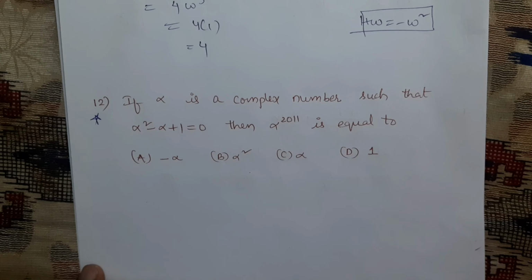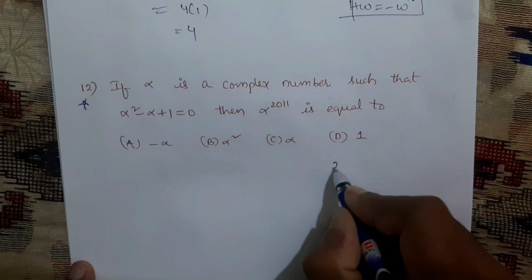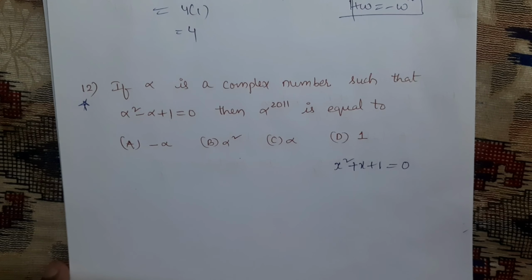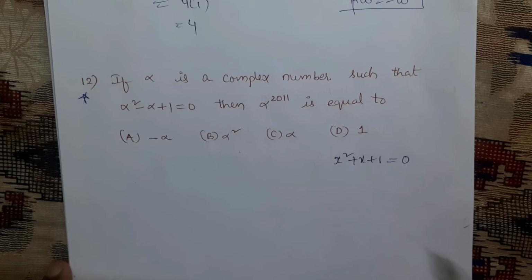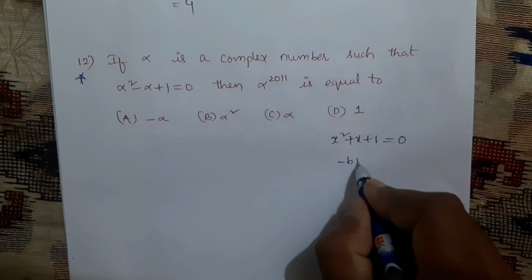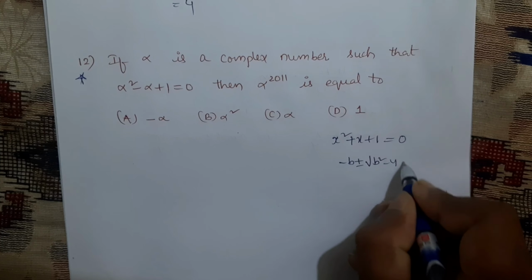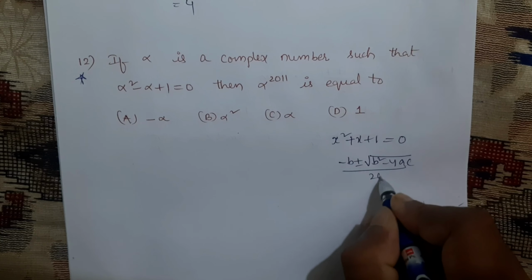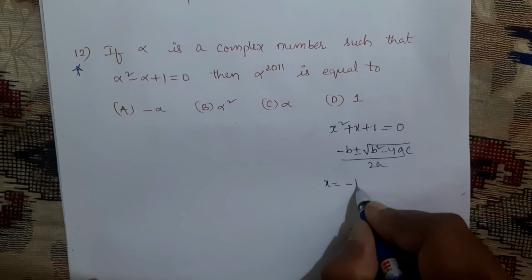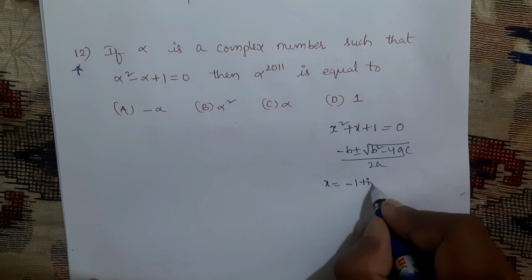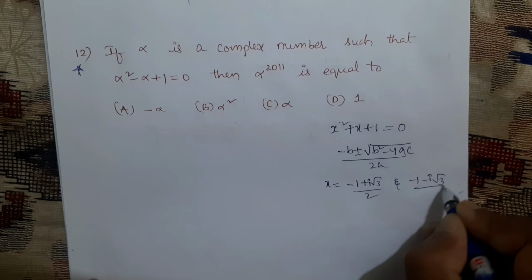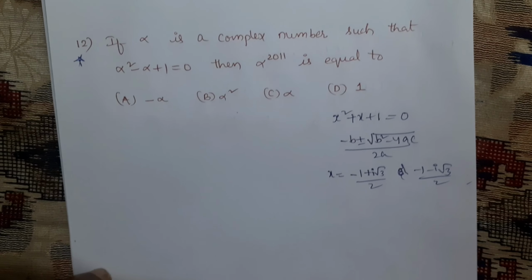But instead of finding, we can remember: if x square plus x plus 1 equal to 0, remember guys, if you simplify this equation by using minus b plus or minus square root of b square minus 4ac by 2a, then we will get roots x equal to minus 1 plus i root 3 by 2 and minus 1 minus i root 3 by 2. These two we will get, you can check.